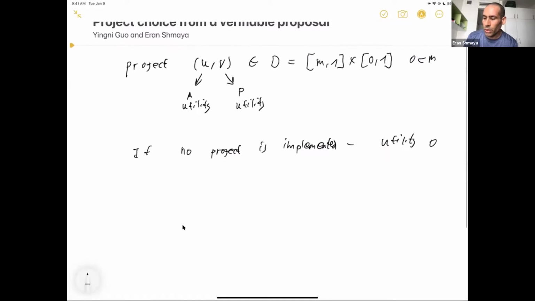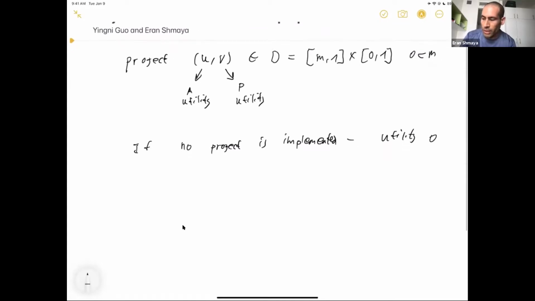So the way the process will go is there is a set A of available projects, known to the agent but not to the principal.